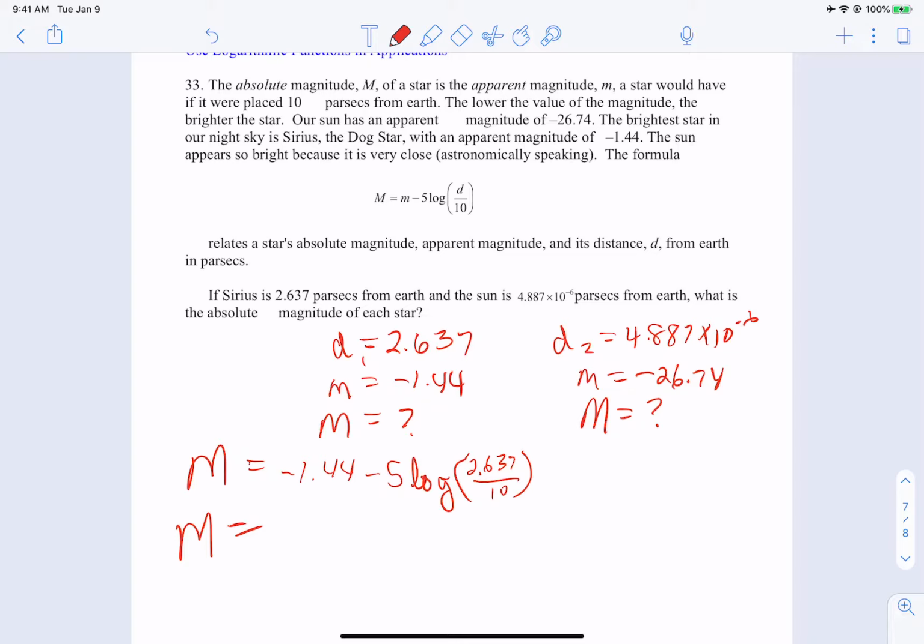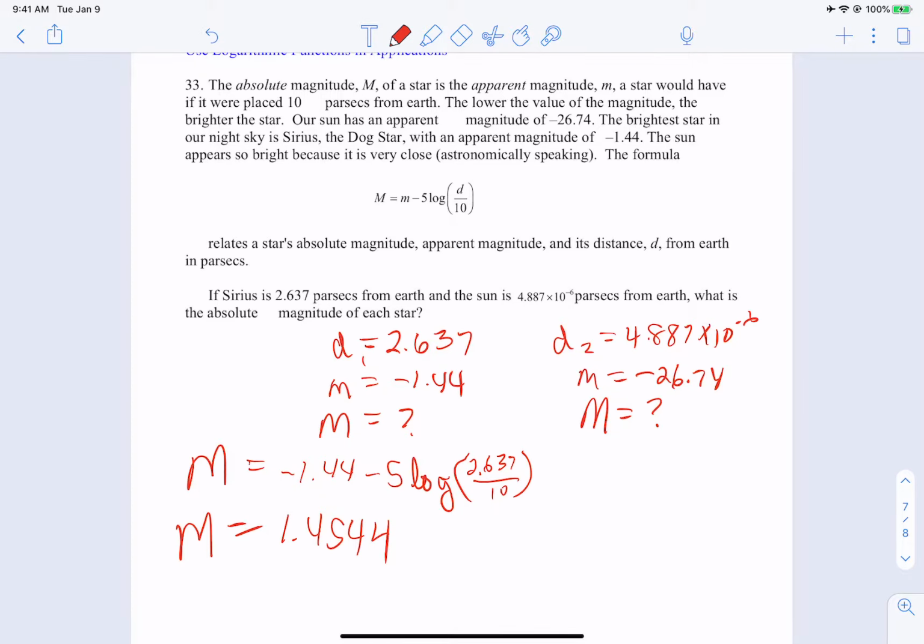Minus 5 times the log of 2.637 divided by 10. And so the absolute magnitude of Sirius is 1.4544.